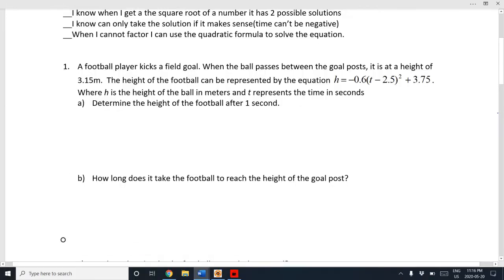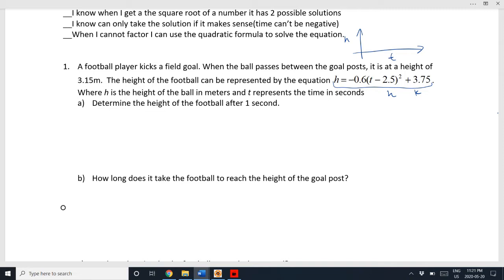Before we begin, let's just examine what this equation is telling us. We have h standing in for y, so that's our vertical axis here, and we have t standing in for x, and that's our horizontal axis here. So we have time and height. And we can see that it's in vertex form, and so we'll know where the vertex is from our h and k.